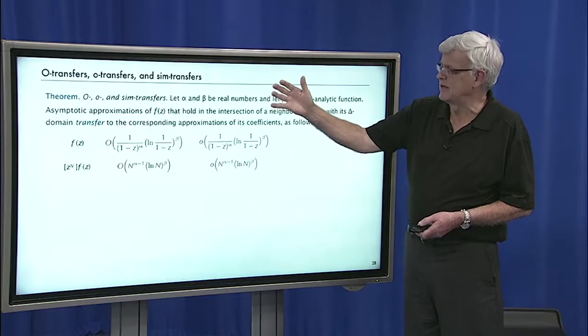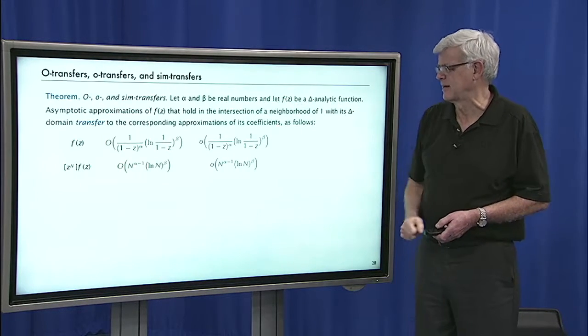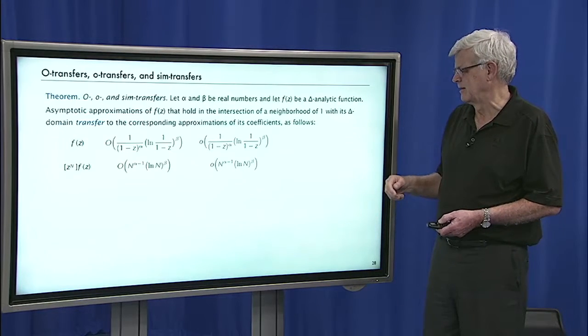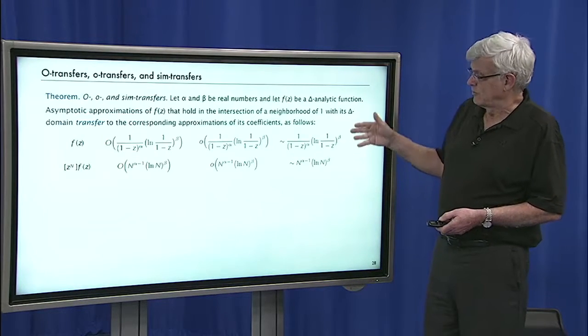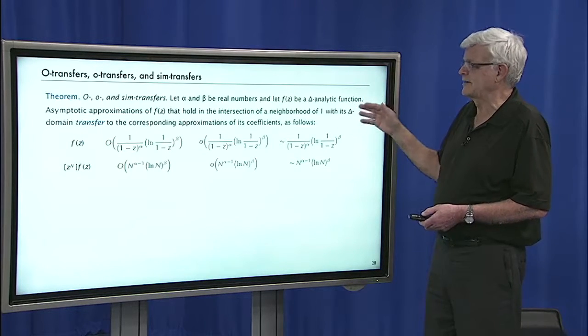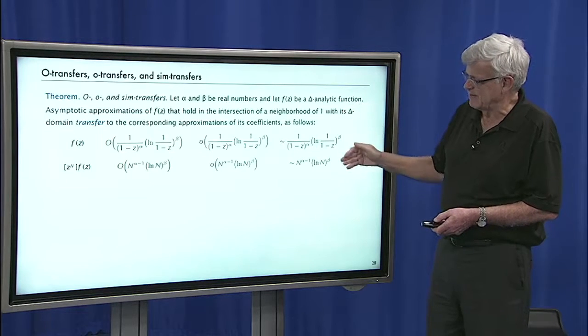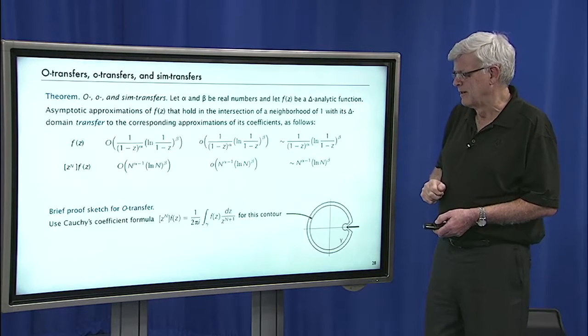So big O of (1 over 1 minus z) to the alpha, log of 1 over 1 minus z to the beta, gives O of n to the alpha minus 1, log n to the beta, and so forth. So as long as it's delta-analytic within its delta domain, you can carry those transfers through.